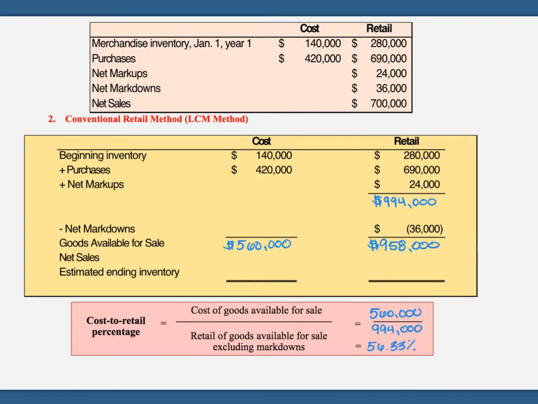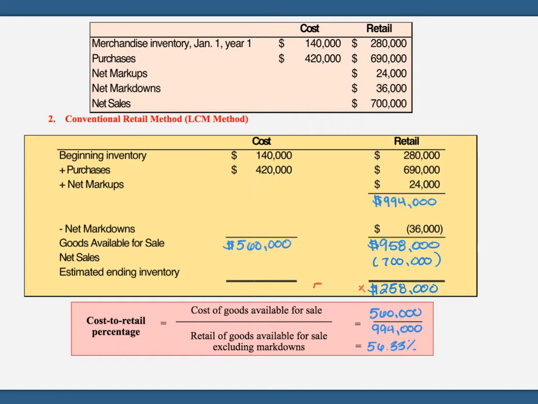So going back over to our retail column, let's subtract our net sales again, $700,000. And that's going to give us our estimated ending inventory, $258,000. Again, just like the previous slide. So the only difference is we're multiplying by a different ratio.